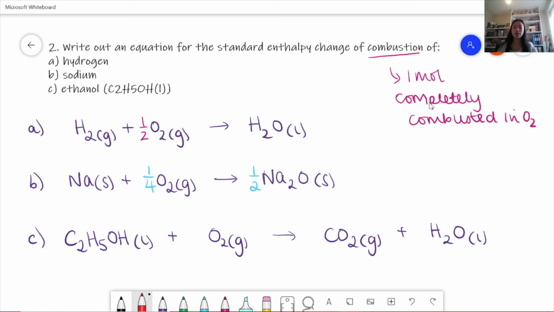So we've got 2 carbons here, so we must have 2 carbon dioxide molecules, and then we have 6 hydrogens here, so we must have 3 water molecules, and now we balance the oxygens. So we've got 4 here plus 3, that's 7 oxygens, and then we've got 1 here, and we've got 2 here, so we must have 3 oxygens. So that makes 7, which is the same as this.